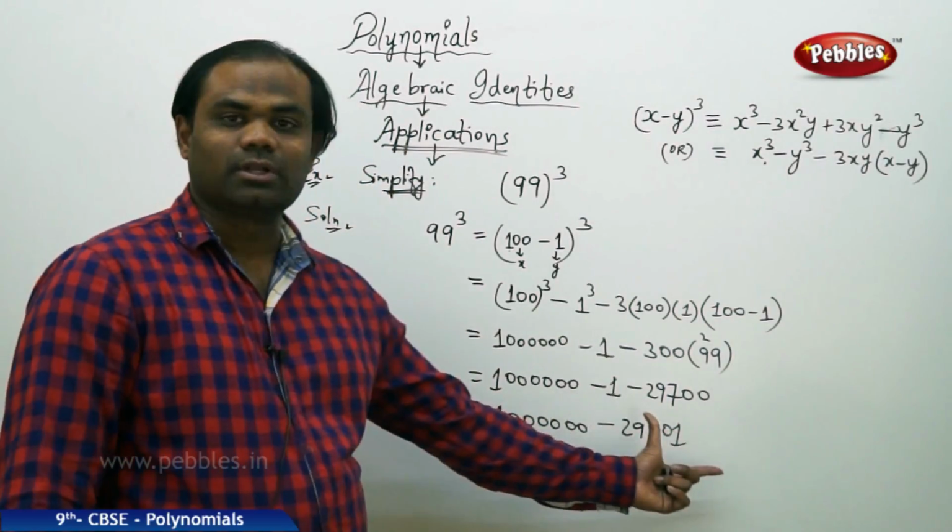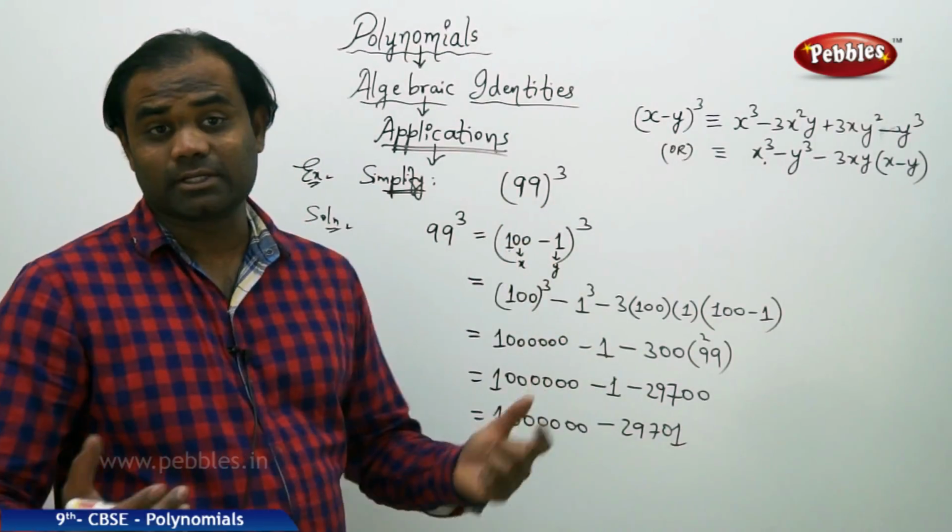Now we need to subtract these two numbers to get the value for 99 whole cube.